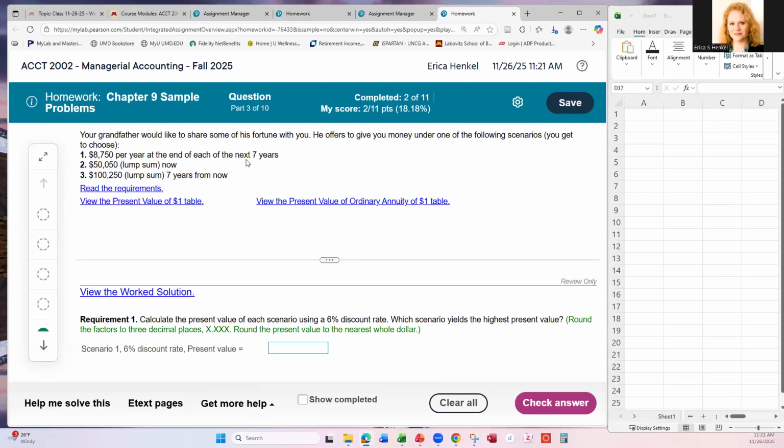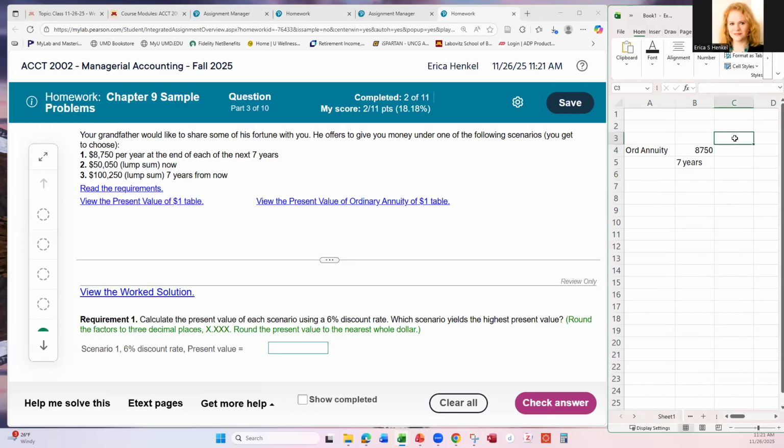So an amount received annually for 7 years is going to be an ordinary annuity, so we want to use the ordinary annuity table. The value of that is going to be $8,750 for 7 years.